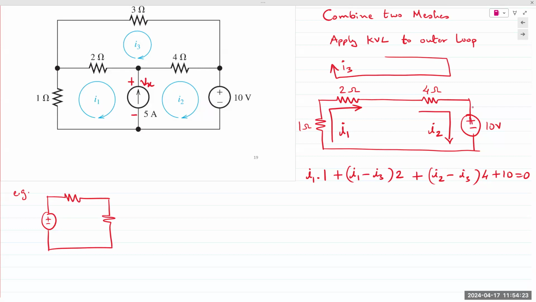So we have 3 unknowns, I1, I2, and I3, but we only have 2 equations. So what can we do? Well, let's look first at what happens, or actually, you'll tell me what to do if you have a current source that is not shared.